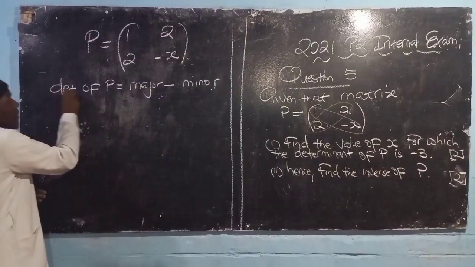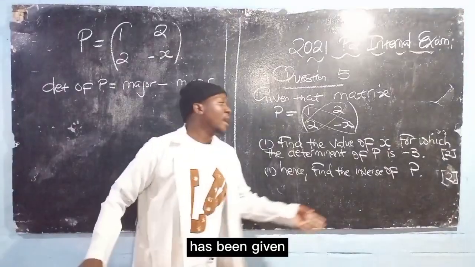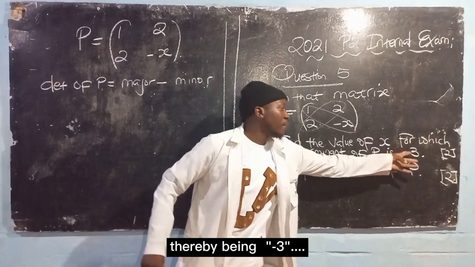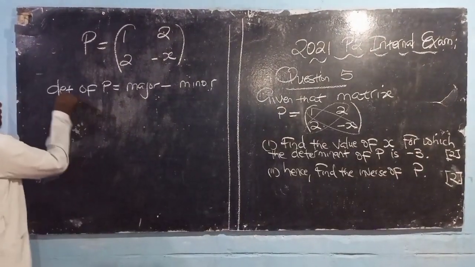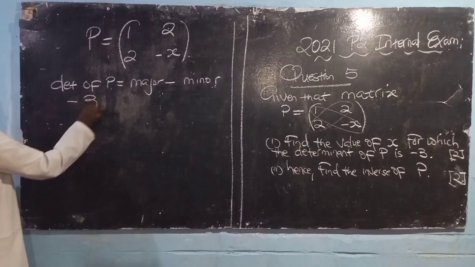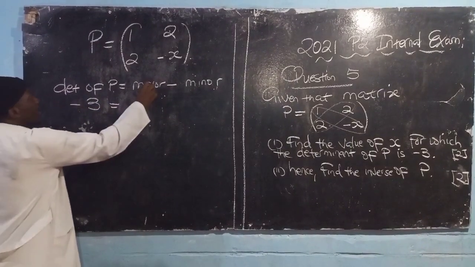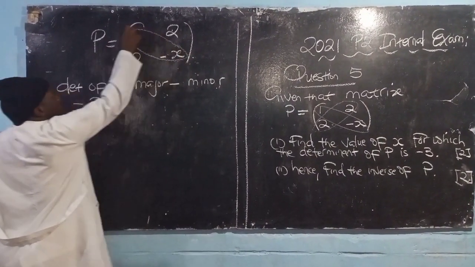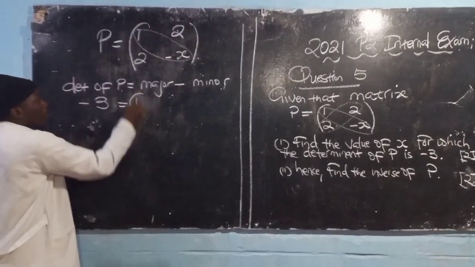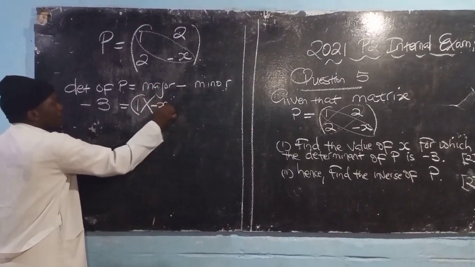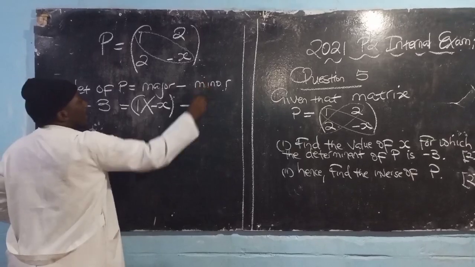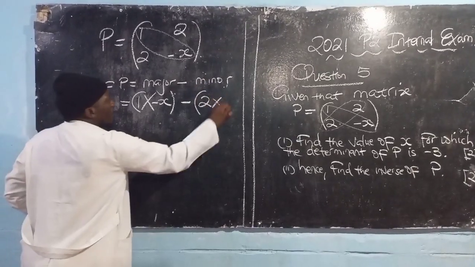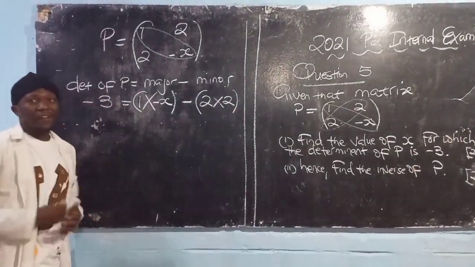So determinant of P has been given, thereby being negative 3. So where there is determinant of P, we replace with negative 3 equals major diagonal. We're going to pick these two components, which are 1 times negative x minus the minor diagonal, which is 2 multiplied by 2. That's the first step.